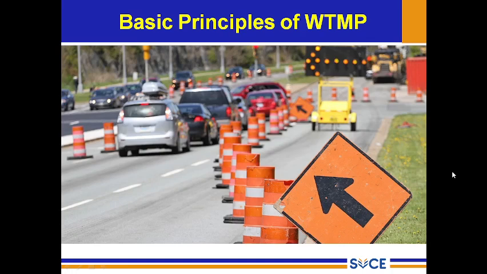In this picture you can see how the cones are placed properly with the arrow mark. It clearly shows that he has to switch to the next lane. There is a buffer zone, he has to switch to the next lane, and the path is also clearly defined so that vehicles can move without any confusion.